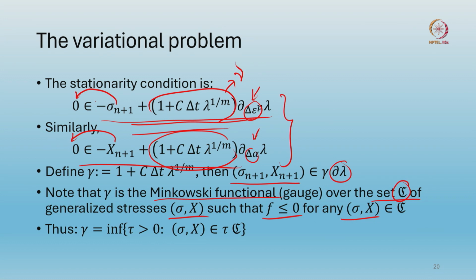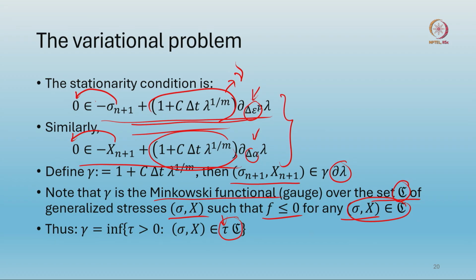Then that is one way of looking at lambda, right. But in the rate dependent problem that we are discussing now, there is no guarantee that sigma and x together will be in the set script C, because it can cross there. We call that overstress, you recall that, right. So this gamma is exactly that. It is basically the amount by which you have to expand. Let us say script C is a spherical set, like in von Mises theory of rate independent plasticity.